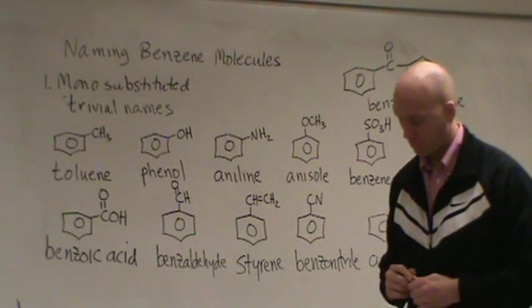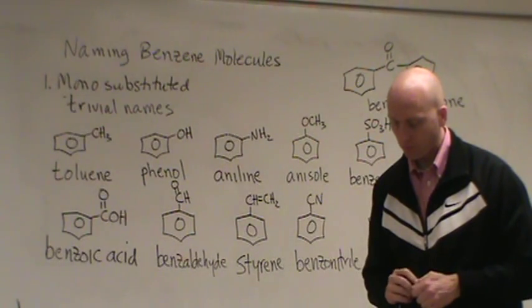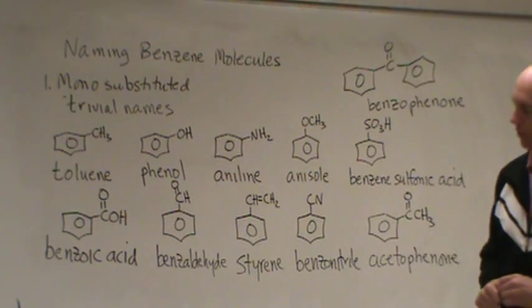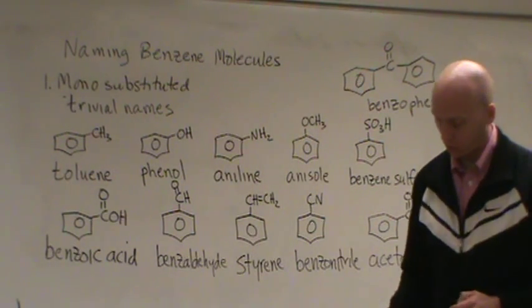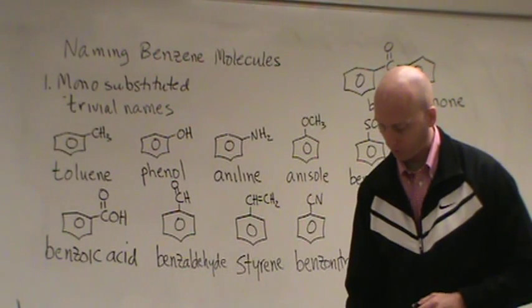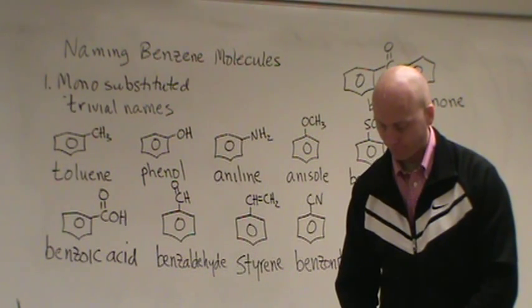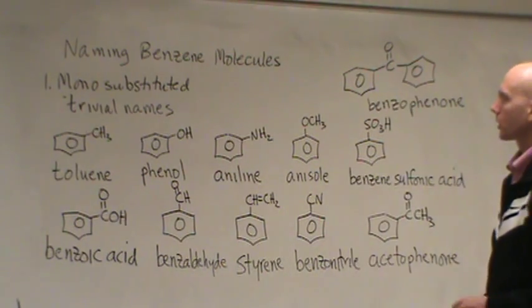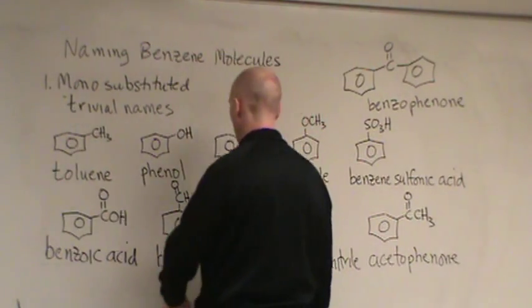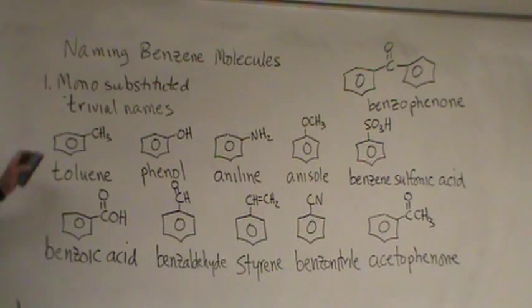Okay? So all these are in your book, but you want to get these names down and get them down quick, because we'll be referring to their names very often. Okay, so those are the monosubstituted benzenes. Let's go ahead and go on to disubstituted benzenes.